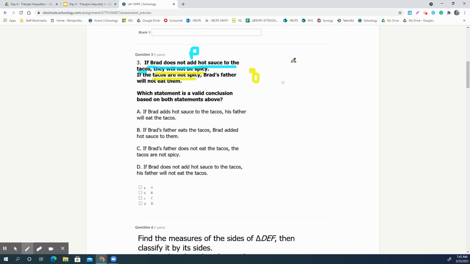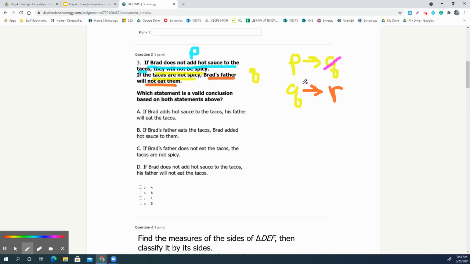So that's Q. So I've got P to Q at the beginning, and then I've got Q. Then Brad's father did not eat them. That's a new thing. That's R, right? I've got not add hot sauce, not be spicy repeats, and then does not eat them.